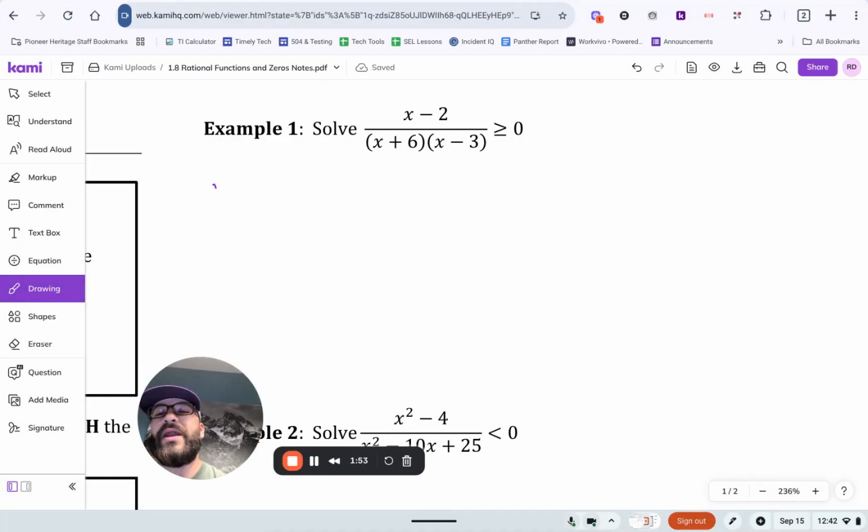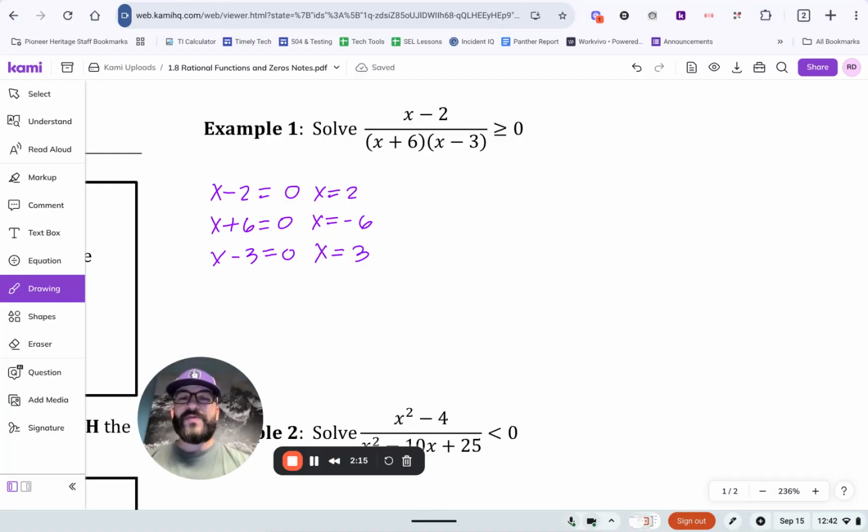In the numerator, we get x minus 2 is equal to 0, which gives us x equals 2. And in the denominator, we get x plus 6 equals 0, which gives us x equals negative 6, and x minus 3 equals 0, which gives us x equals 3.